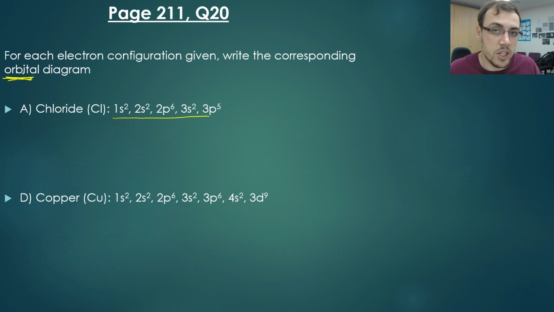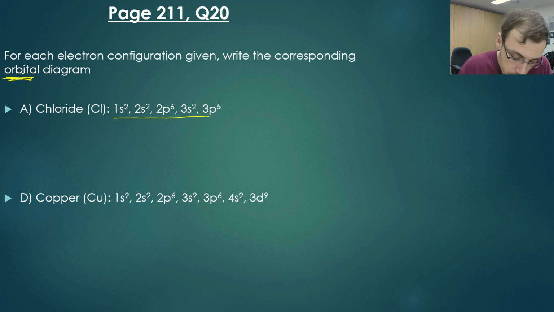So this is one of those situations where it's very important to make sure that you read the question carefully, because the last thing you want to do is rush into it and answer it incorrectly. So, for orbital diagrams, that's our little boxes, how we do our arrows like this.